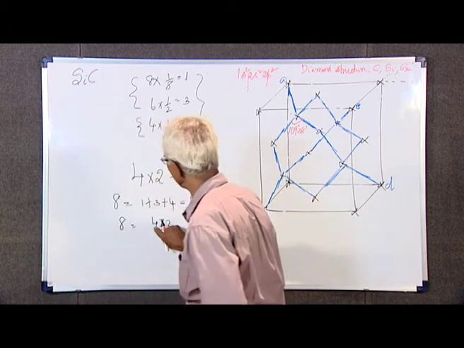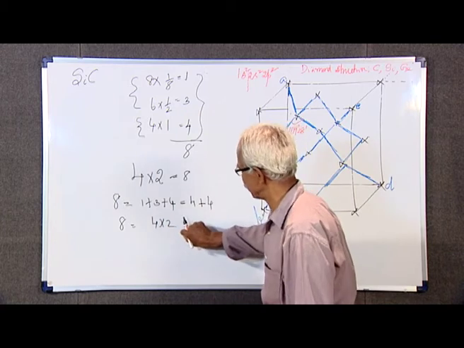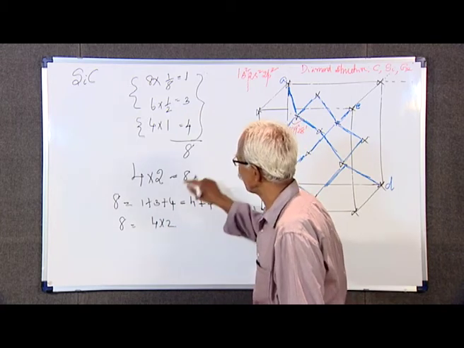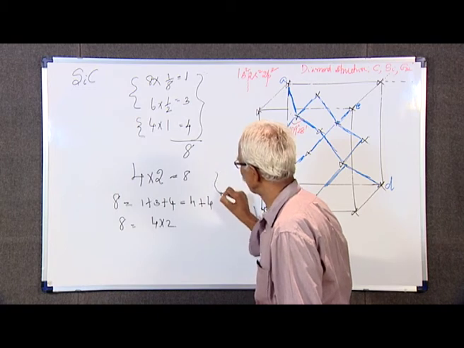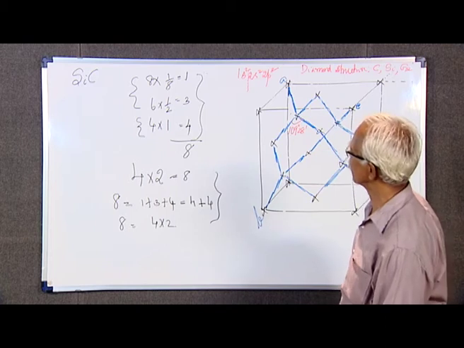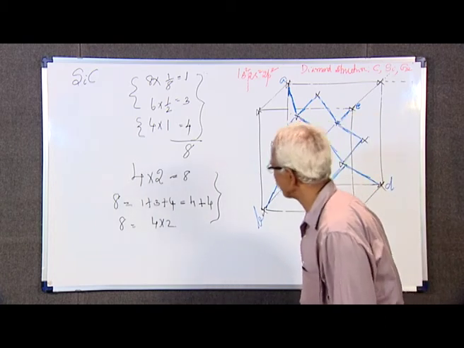This is an FCC lattice with a diatomic basis. This is the actual situation. All come to the same point. You have basically 8 atoms in a diamond unit cell.